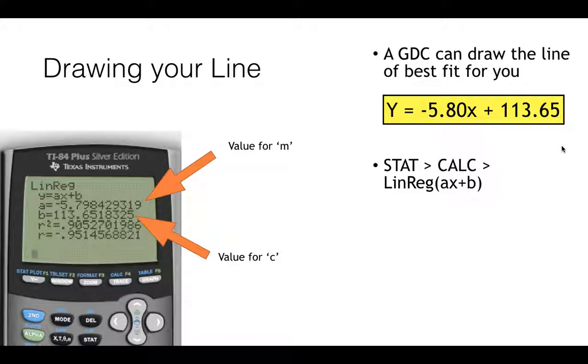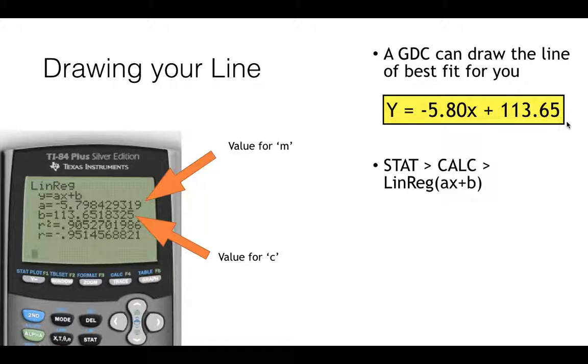What this tells me is that for any point on the graph, I can predict my Y value, my number of hours spent watching TV, by doing -5.80 multiplied by my value of x, my age, plus 113.65. And that will give me the number of hours spent watching TV for that age.